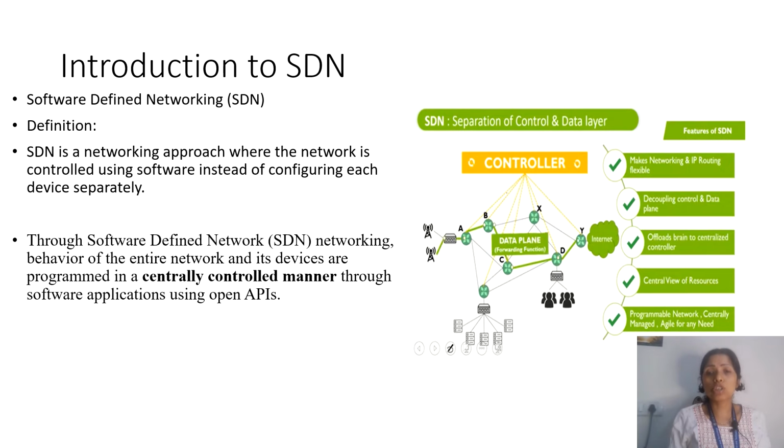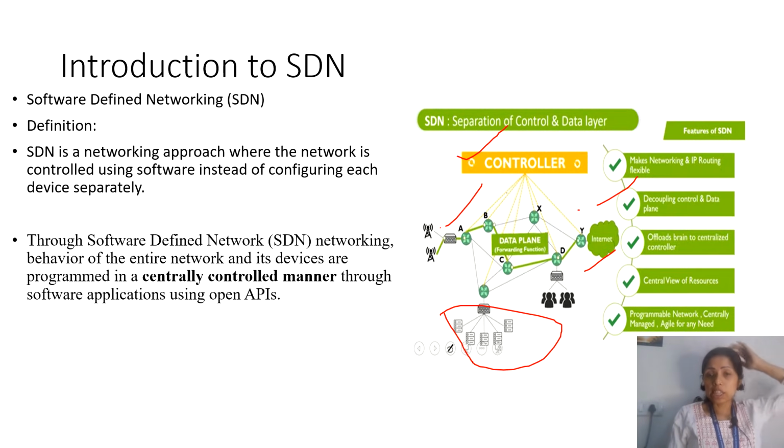Here everything in the network is controlled by the software, and there is one controller. Here you can see one switch and the internet, and under the switch there will be multiple infrastructure and multiple routers. The controller will decide which path to take from source to destination.